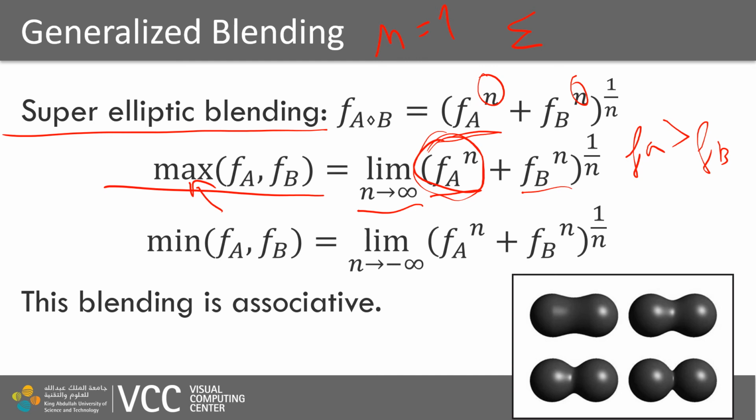If the n is very small, negative actually, then we will give the prominence to the number which is smaller, because with negative exponent, we are performing the root operation, square root or quadratic root, and so on.